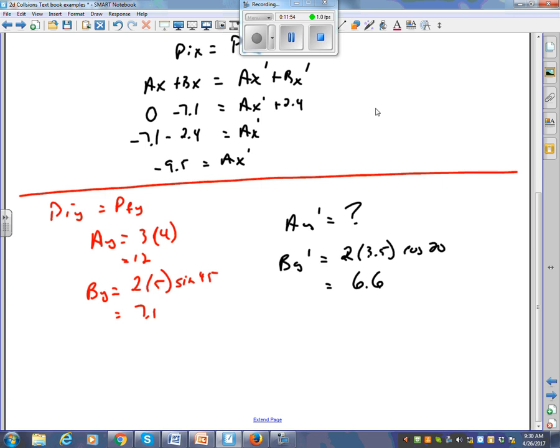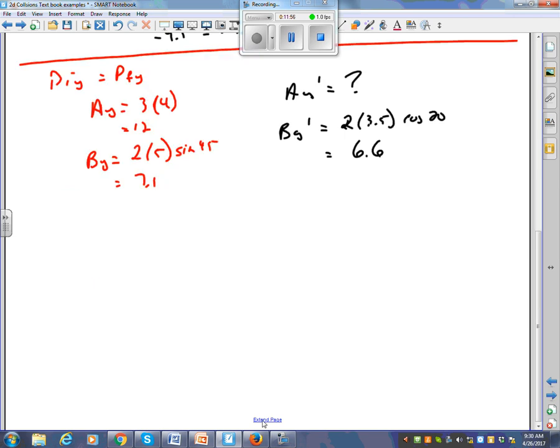Okay, so now we're going to solve for Ay prime, right? And just as before, we're going to say that Ay plus By, the initial y momentum, is Ay prime plus By prime. And the Ay is 12, and the By is 7.1, which is a total of 19.1, equal to Ay prime, which we don't know, and By prime is 6.6. And let's just double check these signs.